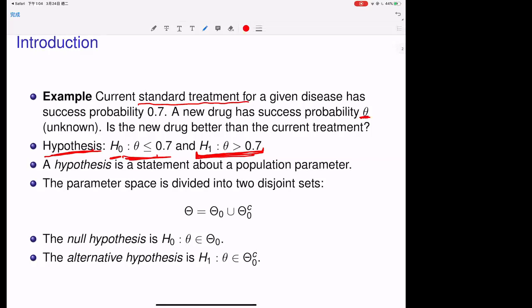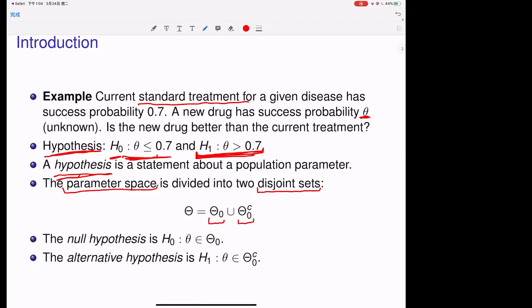That means the hypothesis is a statement about the population parameter. Statistically speaking, I divide the parameter space into two disjoint sets: one called the null space and one called the complement space.